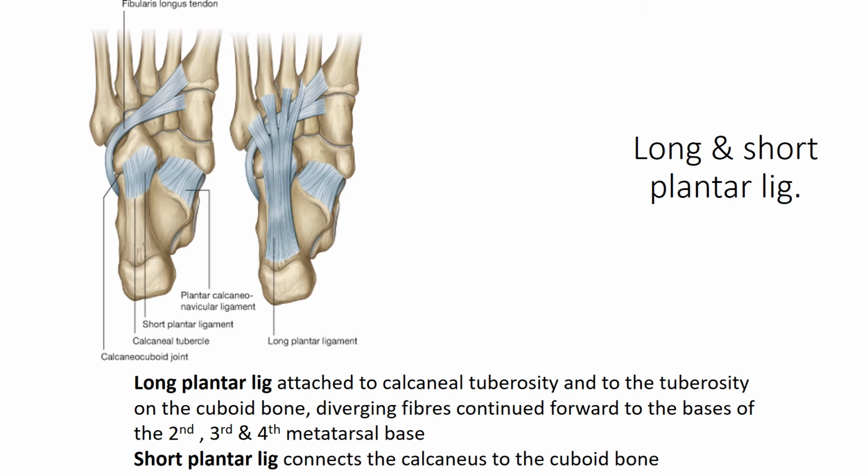Now next are the two ligaments which run from the posterior pillar to the bone near the summit, which is the cuboid. So they run from the calcaneus to the cuboid. Thus they support this shallow lateral longitudinal arch, and these ligaments are the long plantar ligament and the short plantar ligament.